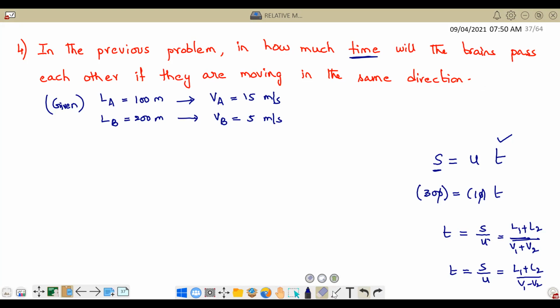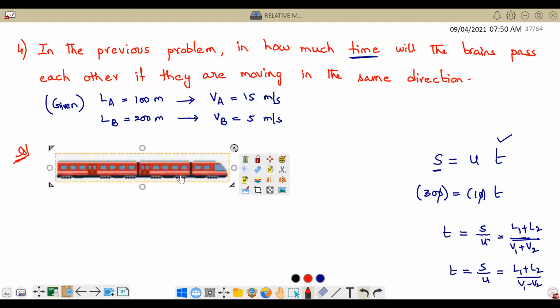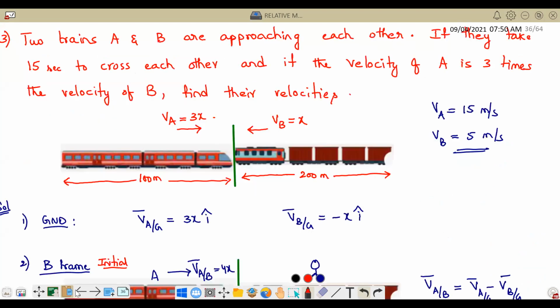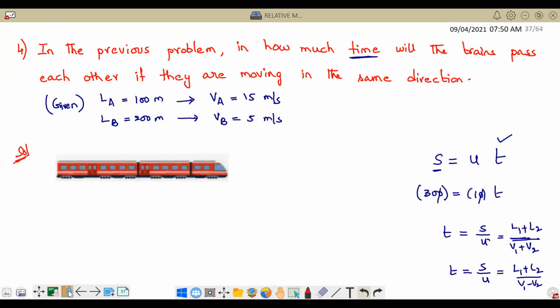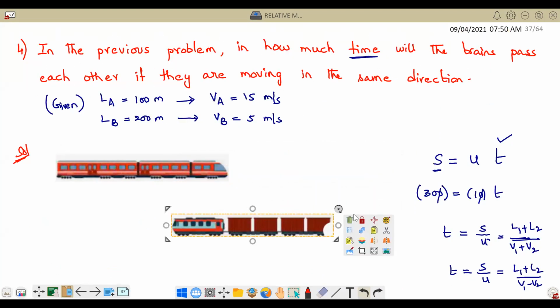Now the way to understand this problem is, suppose some students will write it like this. Suppose we have two trains. This is the first train, and the second train is what? Now they told that both are traveling in the same direction.